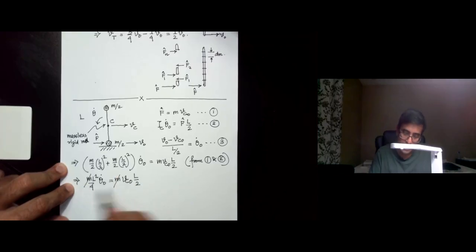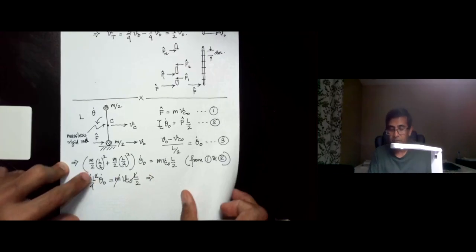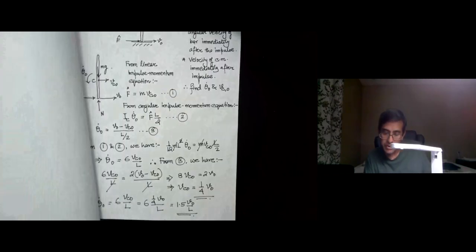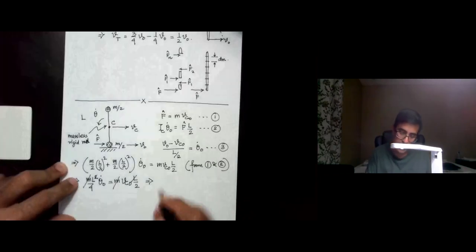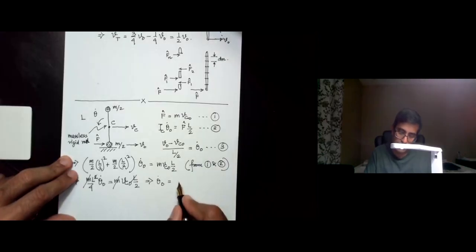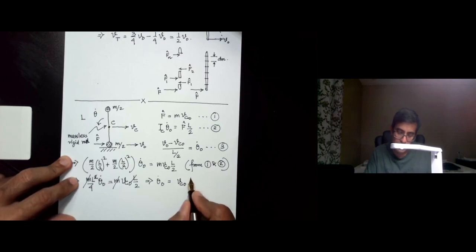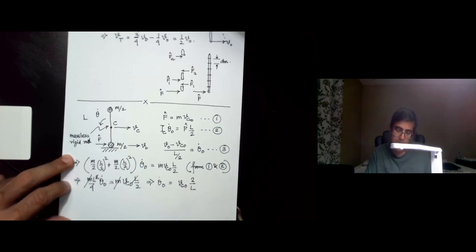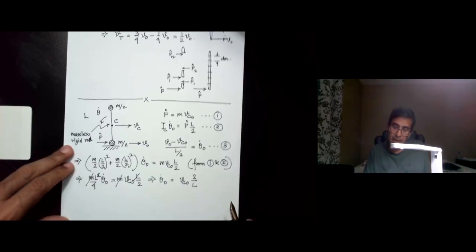I'm going to cancel the m and one of the L's, and let me get the equation in a similar form. So I have theta dot naught equal to Vc naught times 2 divided by L, right?